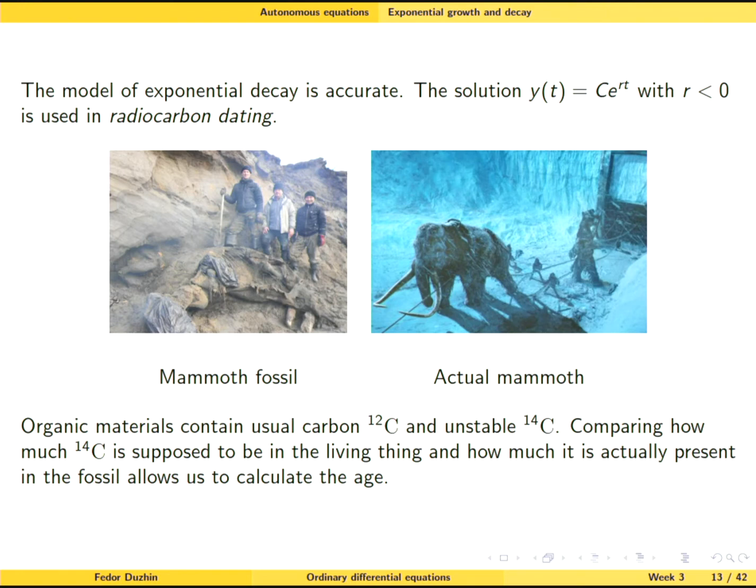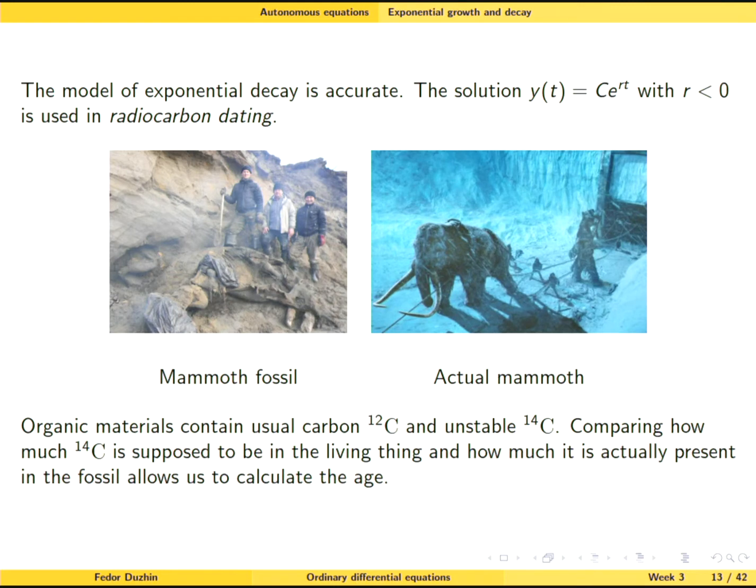One is stable, C12, and another one is unstable, the radioactive isotope C14. Well, and C14 is present in the Earth's atmosphere, and it is accumulated in our bodies as we live. But when we die, it stops accumulating and it starts decaying, right?